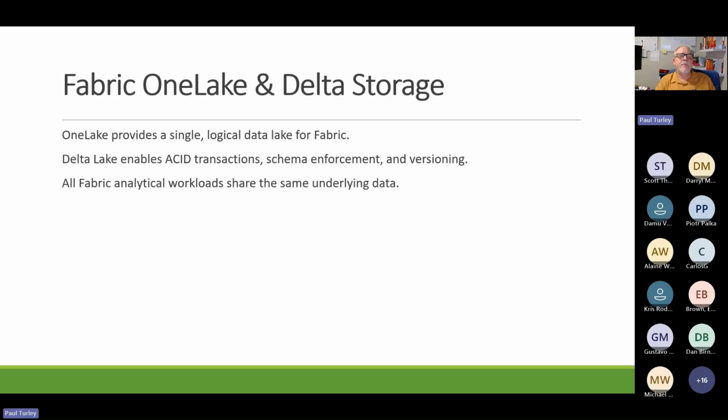So when you light up a Fabric tenant, and if you don't have anything and you just go to fabric.microsoft.com or powerbi.com and you start a tenant, you essentially have provisioned an Azure Data Lake Gen 2 storage behind the scenes. Now, you don't manage that in the Azure portal.